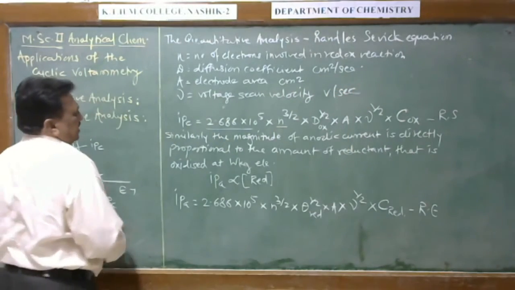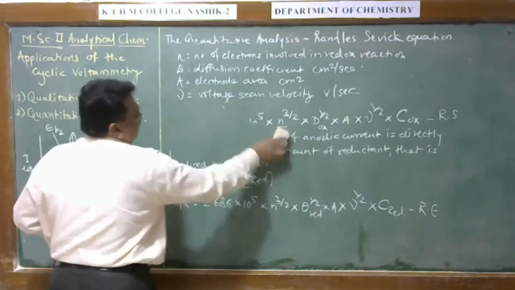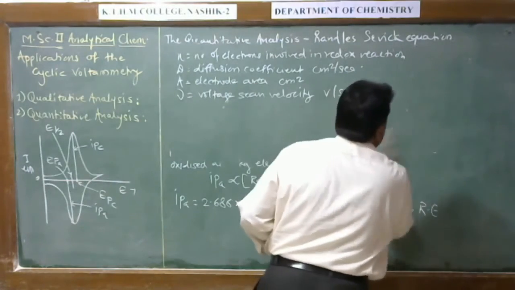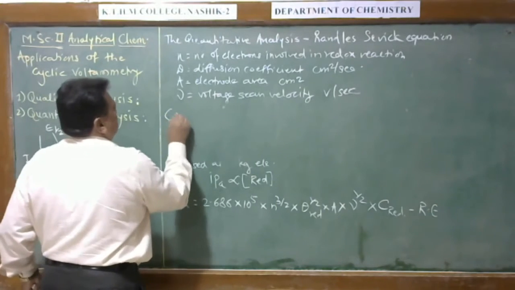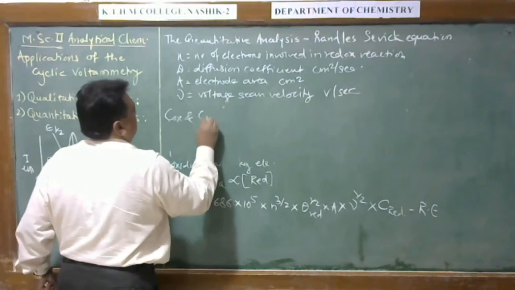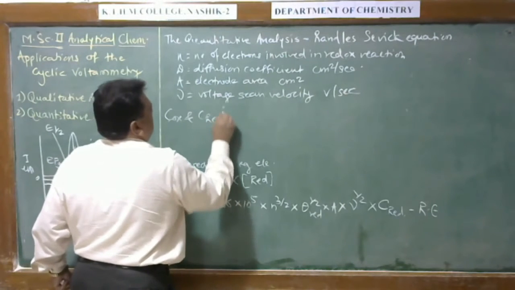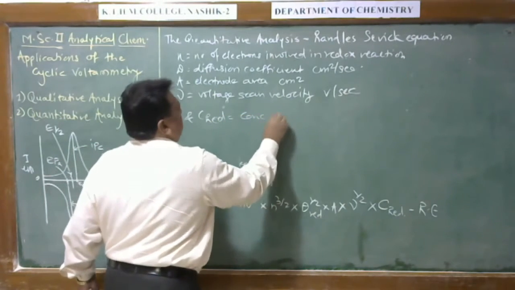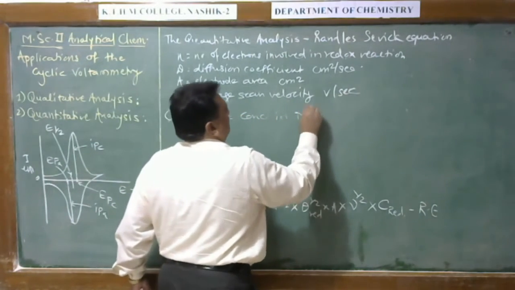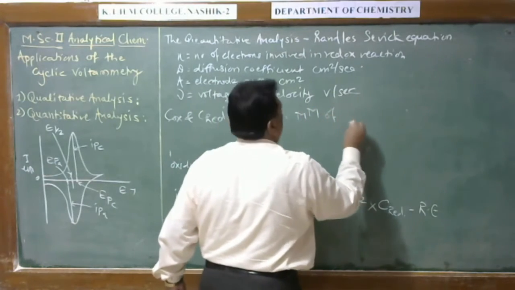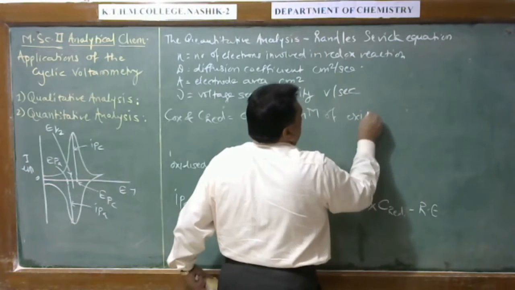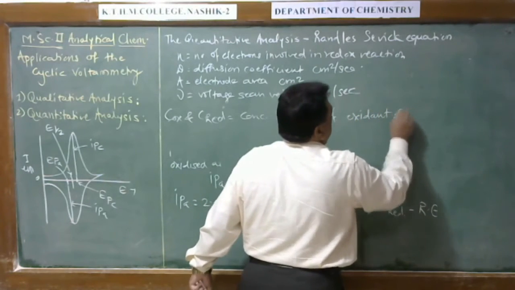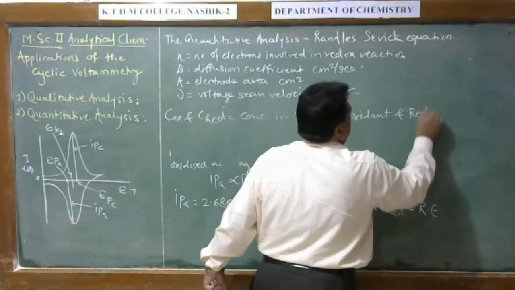Cox and Cred are the concentration in millimoles of oxidant and reductant respectively.